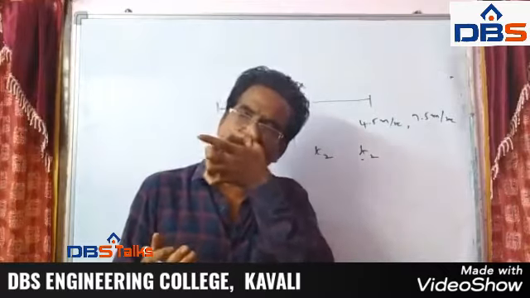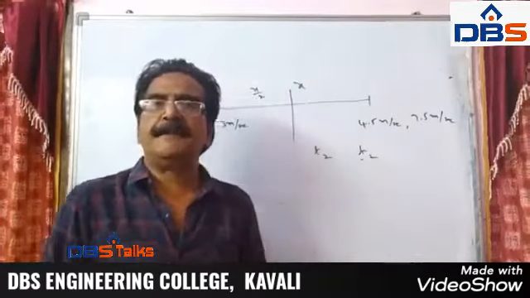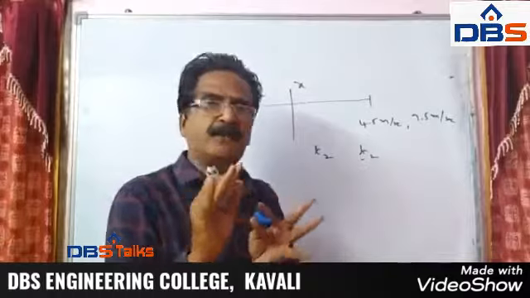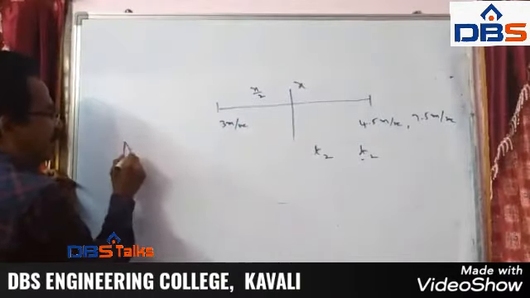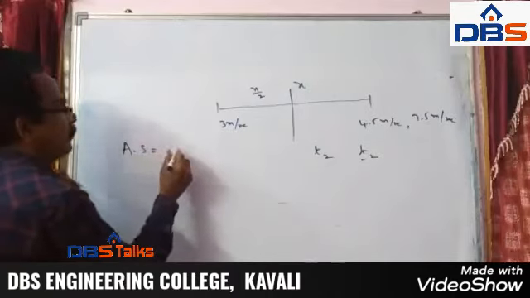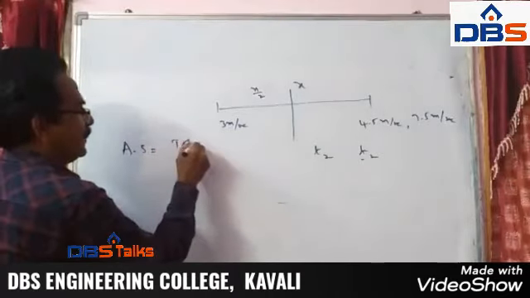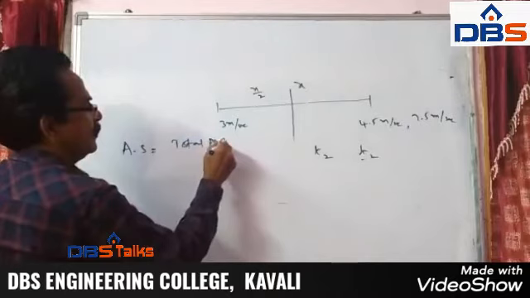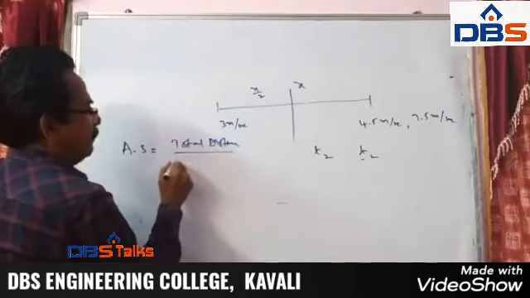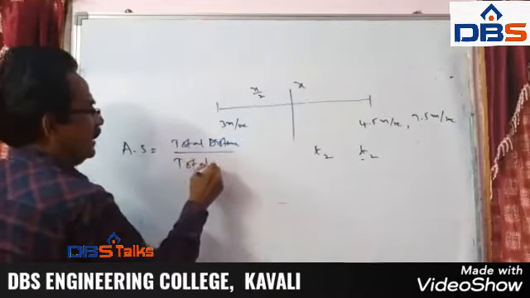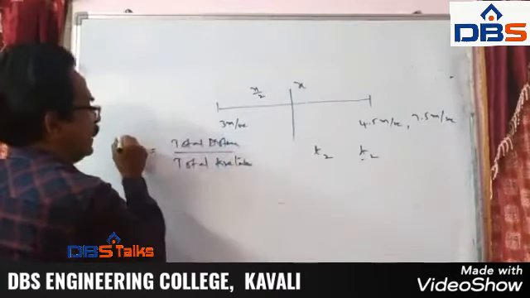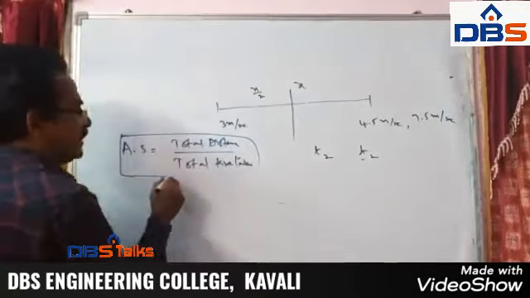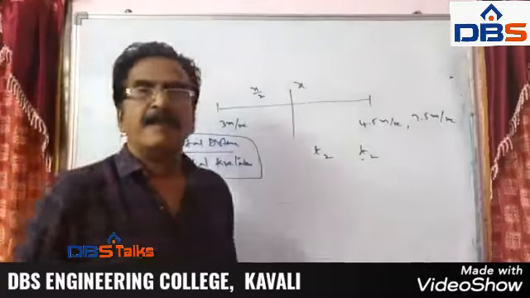Friends, average speed means total distance by total time taken. This is the standard formula for average speed.